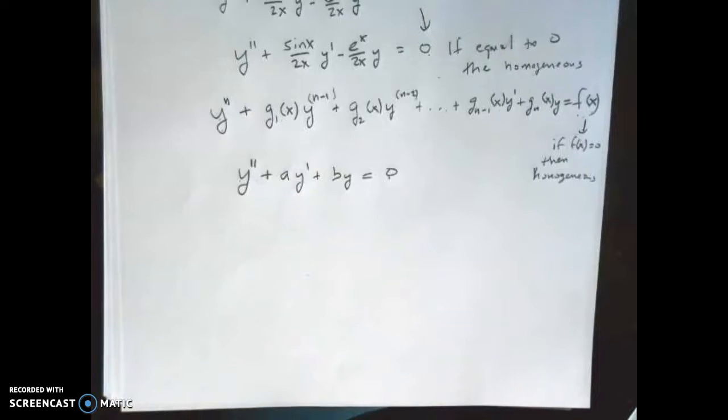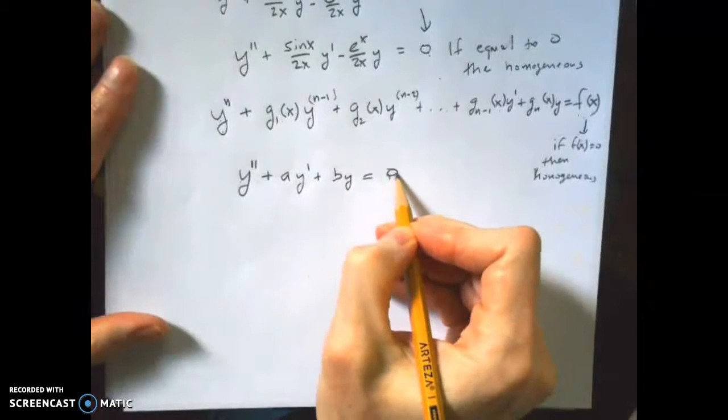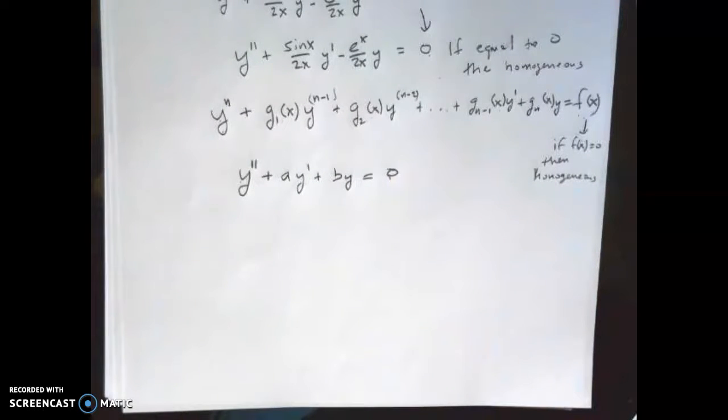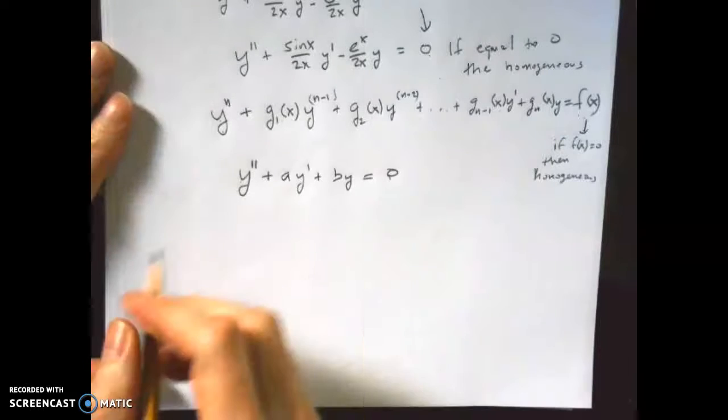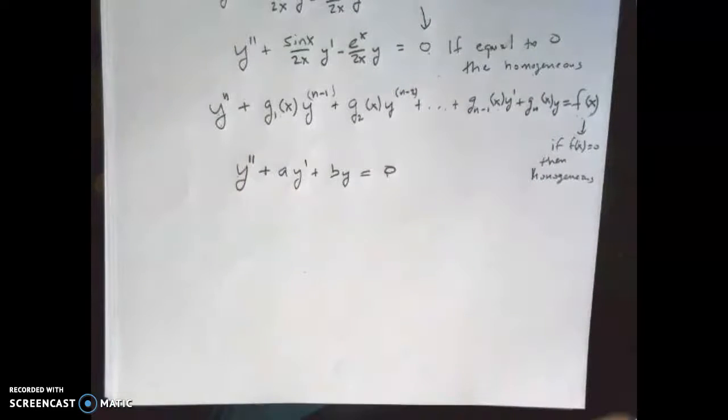Okay. Now, as we go through this, there's one more definition I want to explain to you because we're going to use it in the next theorem. And that is something called linearly independent. Okay.